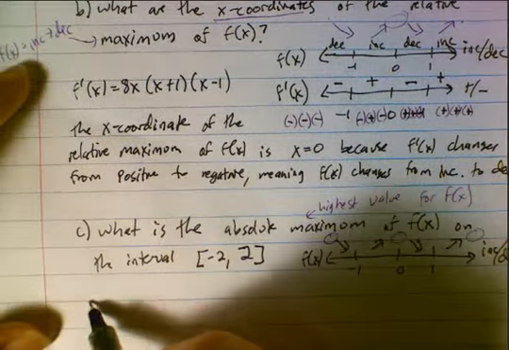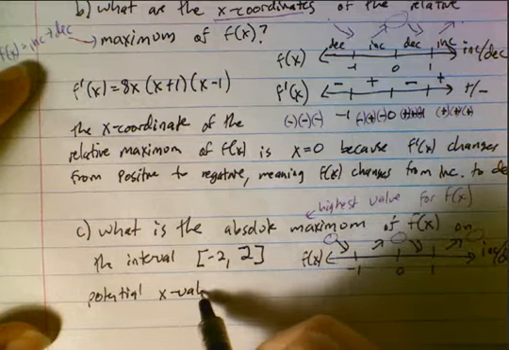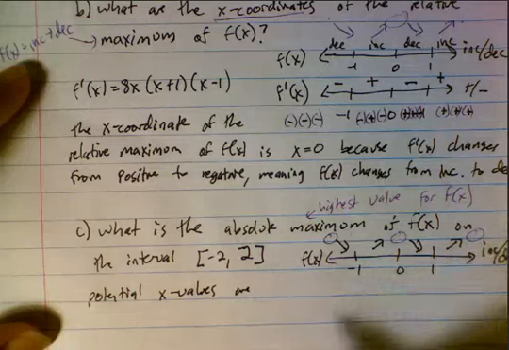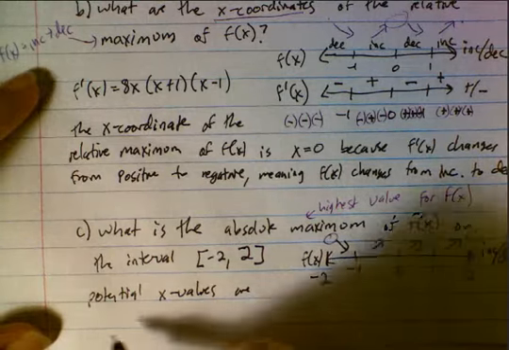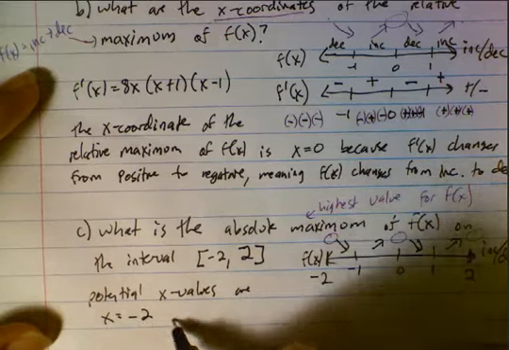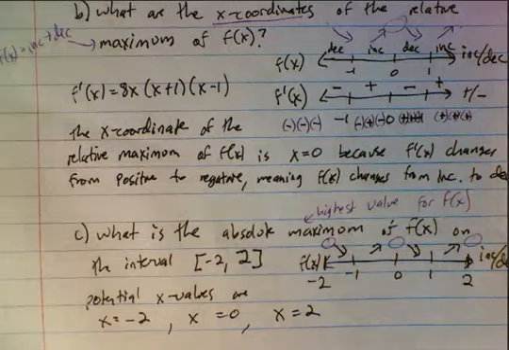So that means that the potential values are, and let's see, we stopped at -2, we stopped at 2, x equals -2, x equals 0, or x equals 2. And now we need to check these to see which one actually produces the highest value.